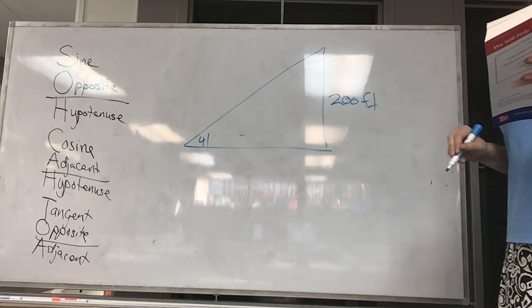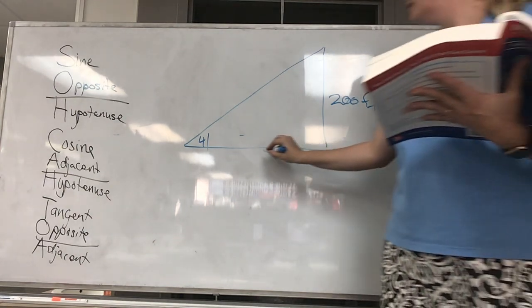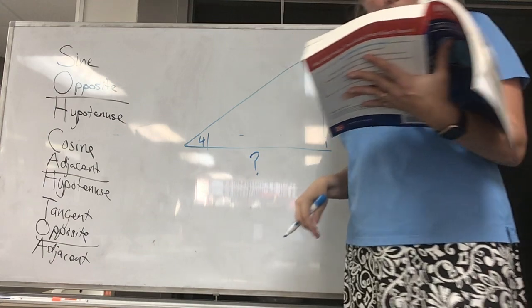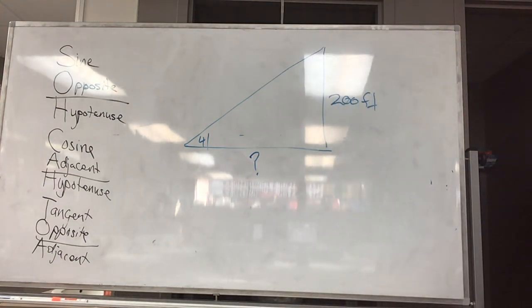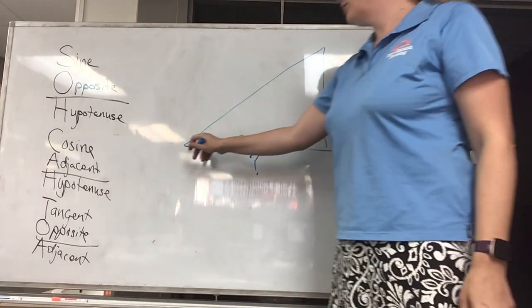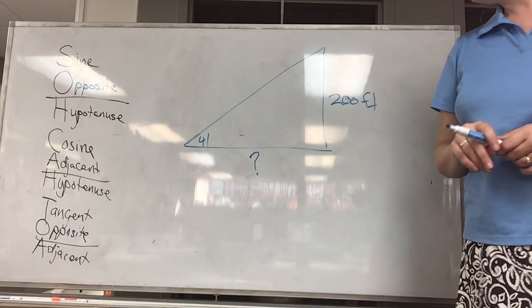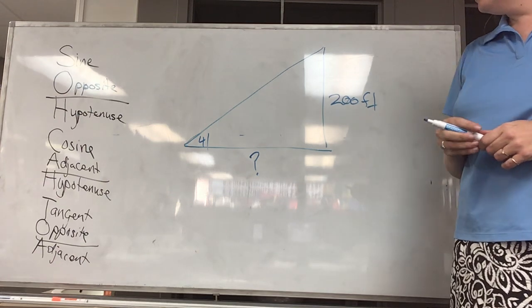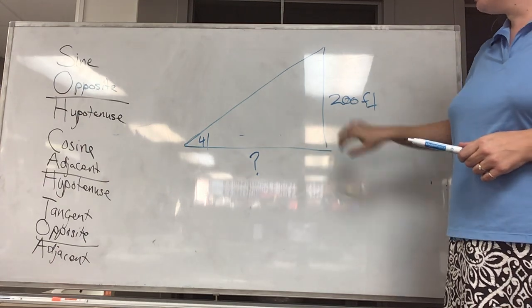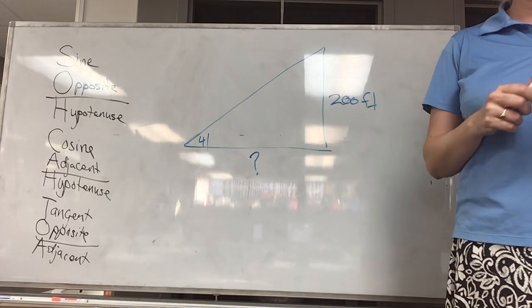And they ask, what is the distance in feet to the cell phone tower? So if you're looking at the tower with an angle of elevation or an angle of vision of 41 degrees, it asks, what is your distance from the tower, knowing that it's 200 feet?